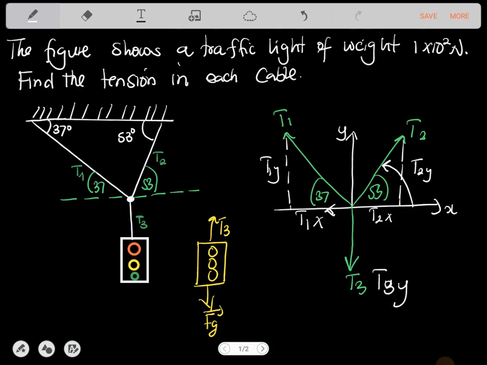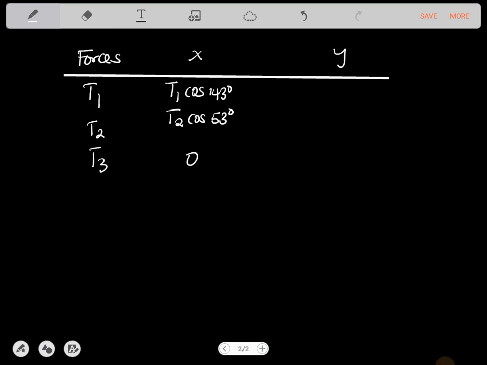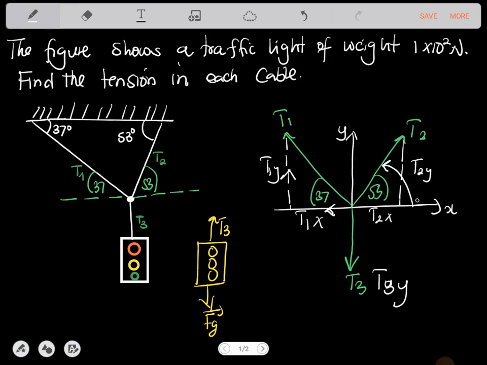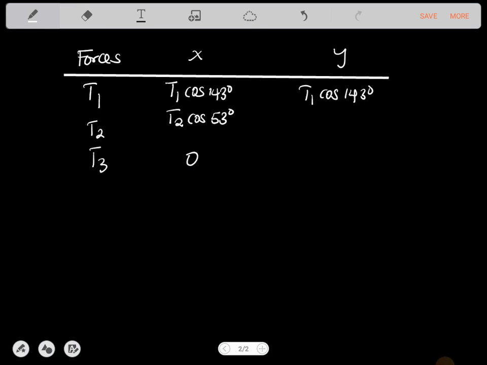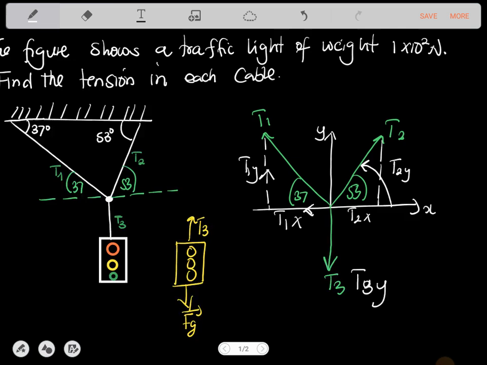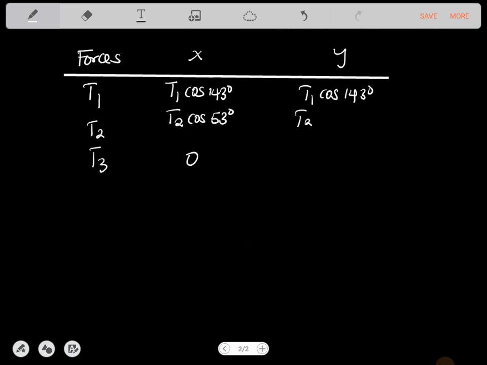It's the same thing. T1 here is going up, so it's positive. We are still maintaining the same angle. T1 sine 143, I said you get it from the positive x-axis. Then for T2, it is still going up, so that one still remains the same. Oh, not cos, sorry. Sine.